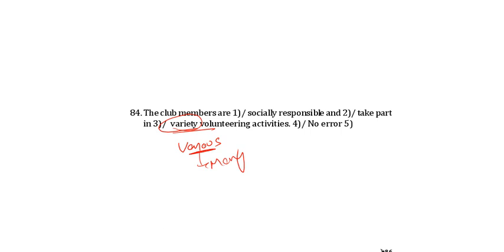The club members are socially responsible and take part in various. Various means a huge number of volunteering activities. So many people are taking part. So here we should not use variety. We should use various. Various is the correct one. See the next one.